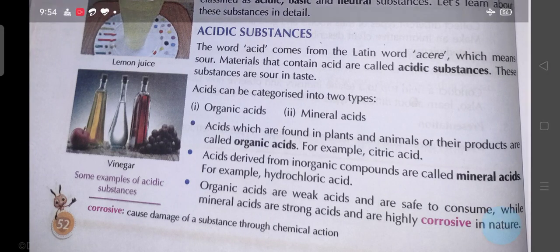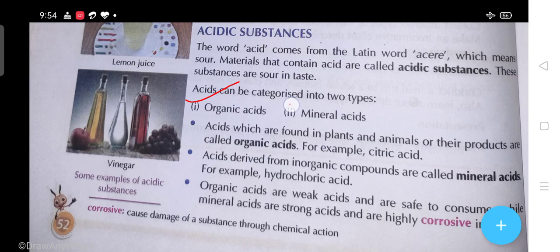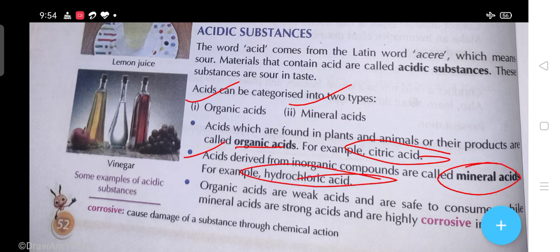Acids can be categorized into two types. First one, that is organic acid. Second one, that is mineral acid. Acids which are found in plants and animals or their products are called organic acids. For example, citric acid, because citric acid is present in lemon. And the acid which is derived from inorganic compounds is called mineral acid. For example, hydrochloric acid.